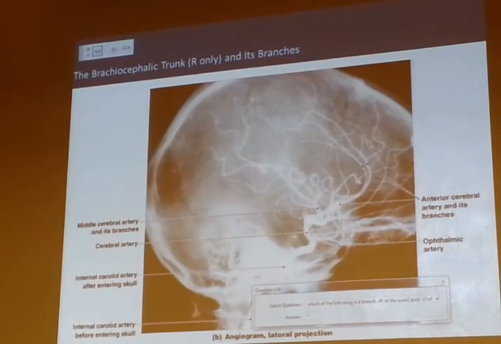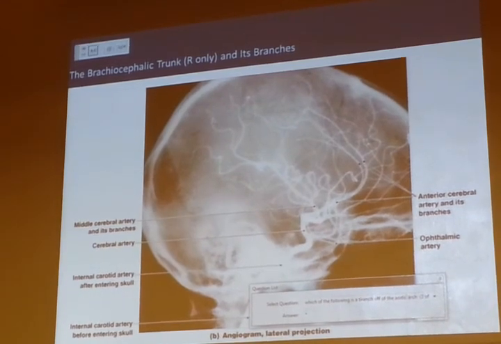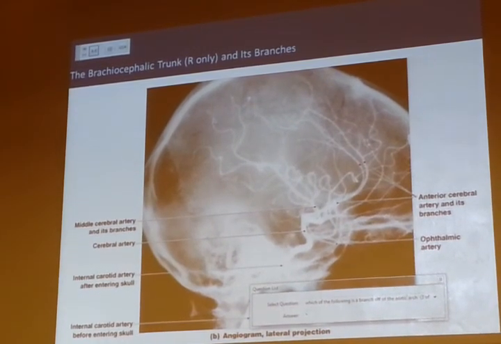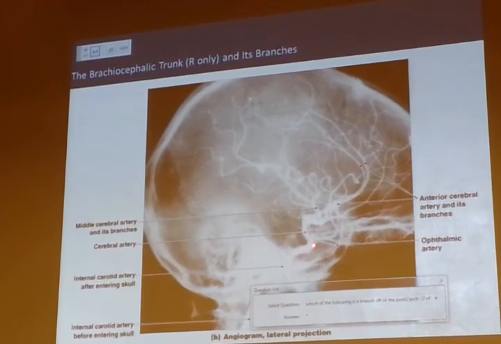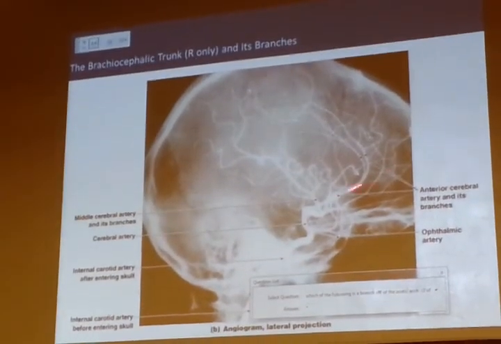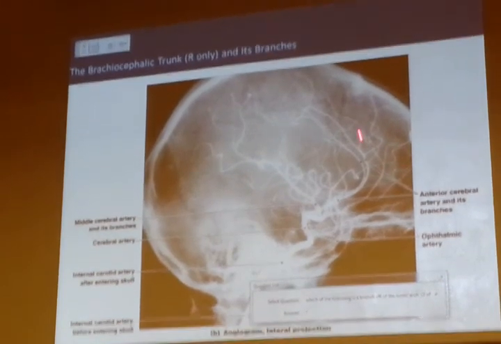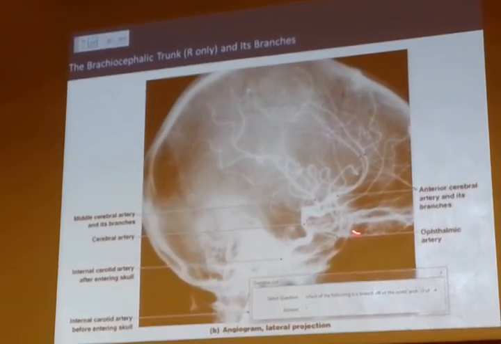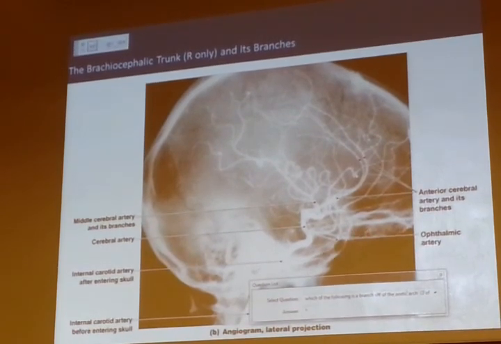So another way to look at it is to do an angiogram. Fill the blood vessels with a contrast media so they show up as bright white when you take the x-ray. And you can follow the internal carotid in and then branching to go forward, the anterior cerebral going out to the frontal lobes here, the ophthalmic branch going out to the eye there, that middle cerebral coming off the carotid, and then going out to your parietal lobes and part of your temporal lobe.